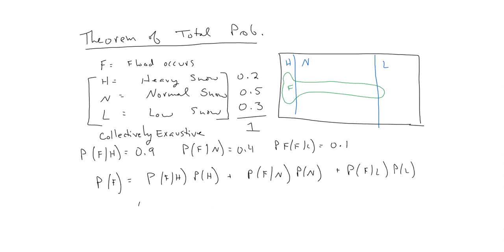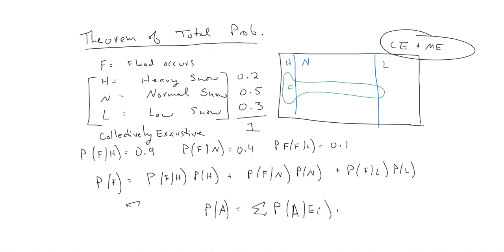To summarize, the probability of an event A that intersects a series of events that are collectively exhaustive and don't intersect, meaning they're mutually exclusive, is found by summing up the conditional probabilities: the probability of A occurring given the individual event E_i, times the probability that event E_i occurs.